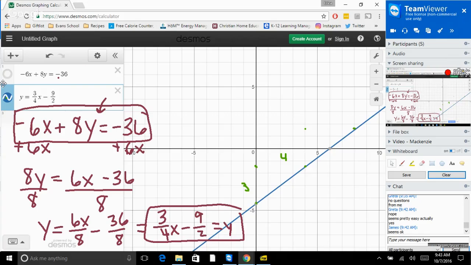So let me double check what I have you doing. I actually like a lot of these examples. So if you have your book, you can look with me.